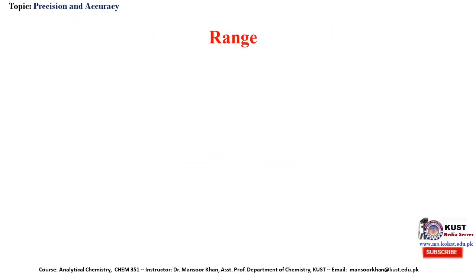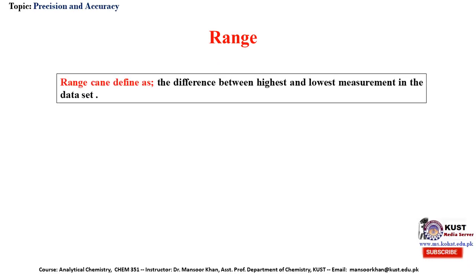Now the first one is range. Range can be defined as the difference between the highest and lowest measurement in the dataset. During measurements, we obtain a dataset which consists of a large number of measurements.